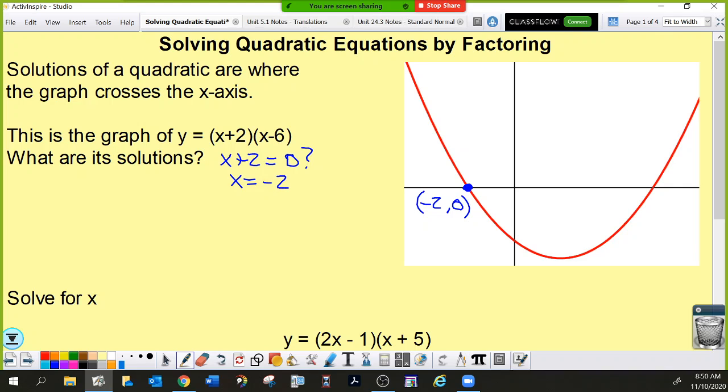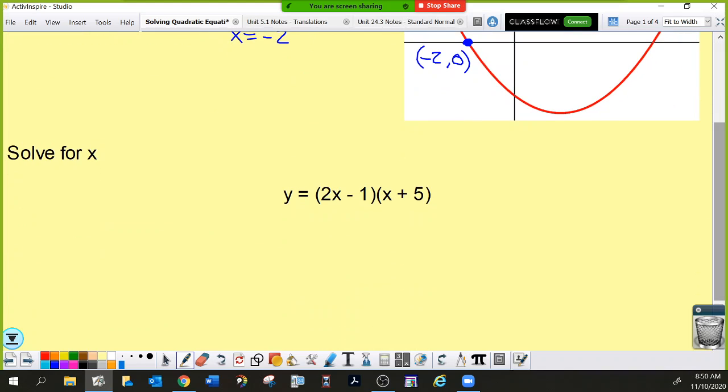The reason why this works is because I can use this example down below. This is a number inside these parentheses, and this is a number. What we're saying is, when I multiply these two numbers, I'm going to get a result of 0. The only way that happens is if one of the two numbers equals 0. So we're asking ourselves, what would make each one of those two numbers become 0?